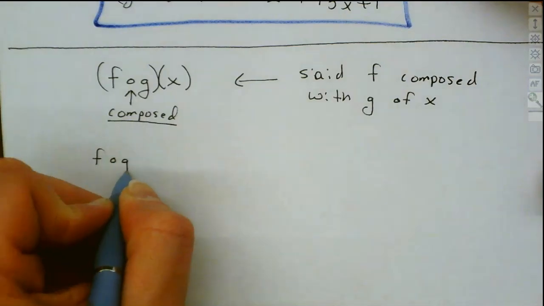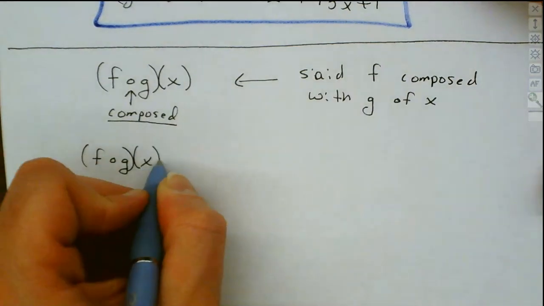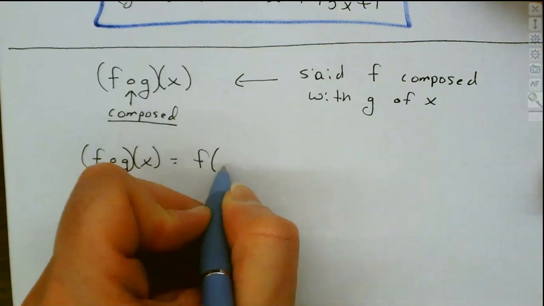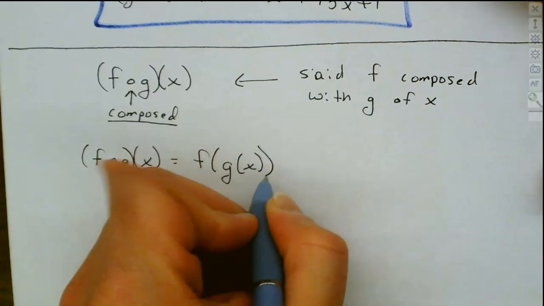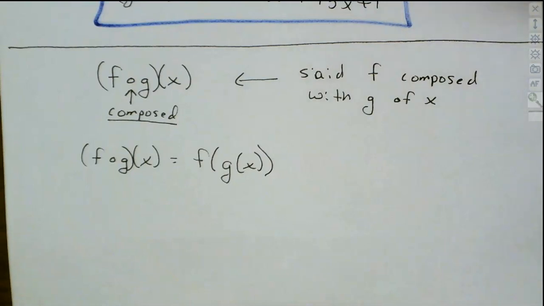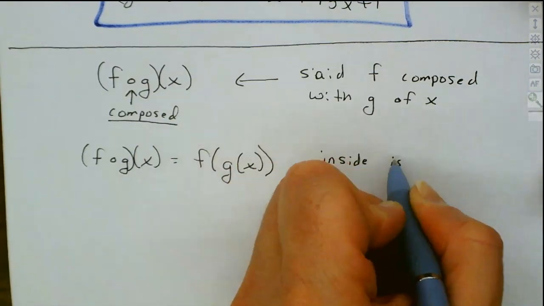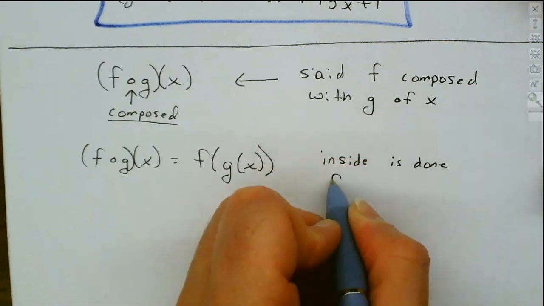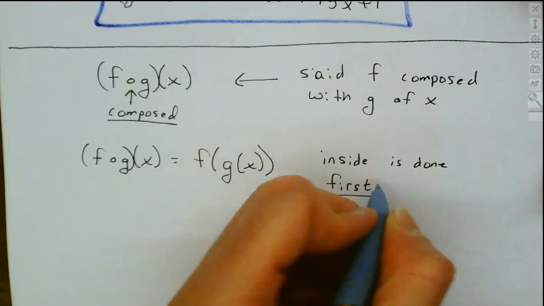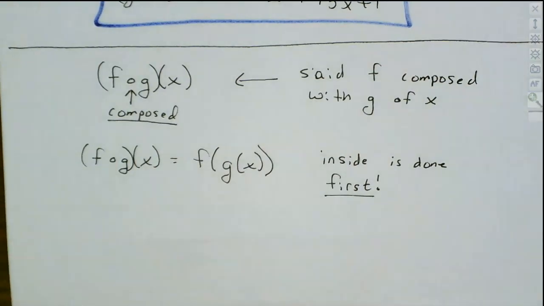F composed with g of x is f of g of x. That's what the definition is. And how this works is you do the inside first. So always do the inside first. Same rules are going to apply. Variable in, variable out. Number in, number out.